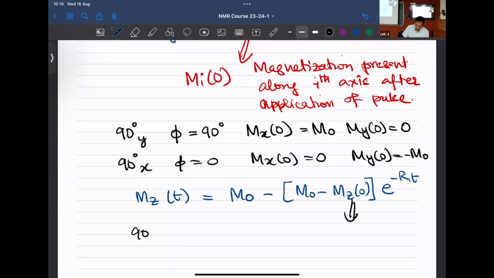I'm doing this explicitly. I'm not saying x or y axis. It does not matter for z along which axis you ended up applying. Only for the transverse magnetization it matters where it comes. Doesn't matter whether it's x or y. Mz of 0 will be 0 after a 90-degree pulse. Similarly, for a 180-degree pulse along any of the phase, what is going to be Mz of 0?